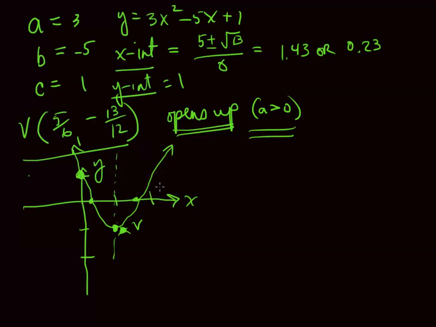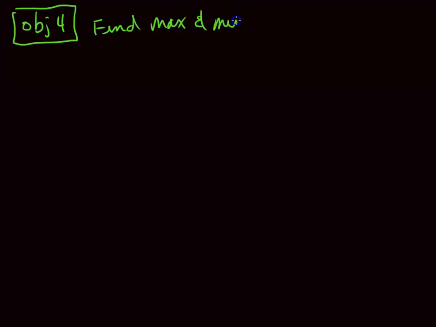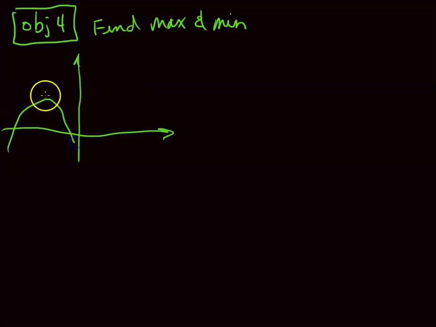So, what is the last objective? Objective 4. We want to find maximums and minimums. If a maximum or a minimum occurs, which it will for this, it will be at the vertex.